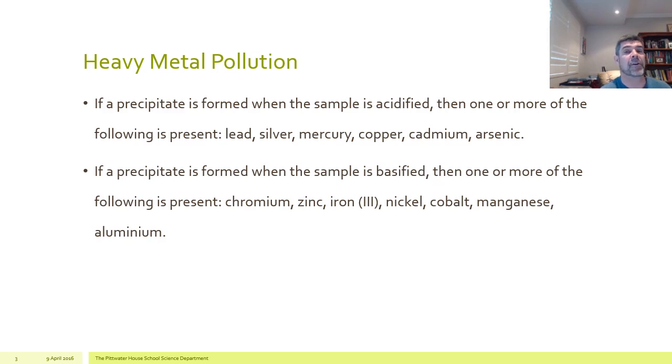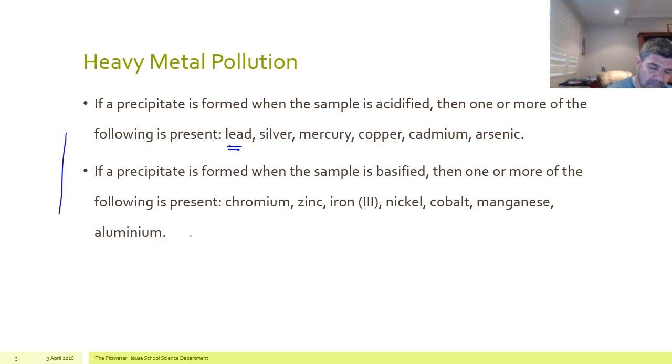When precipitates are formed in acidified samples, we can identify a number of these heavy metals, not just lead, including silver, mercury, copper, cadmium, and arsenic. And in basified samples, then we get chromium, zinc, iron 3, so the ferric iron, nickel, cobalt, manganese, and aluminium.